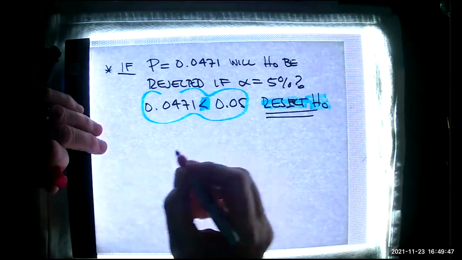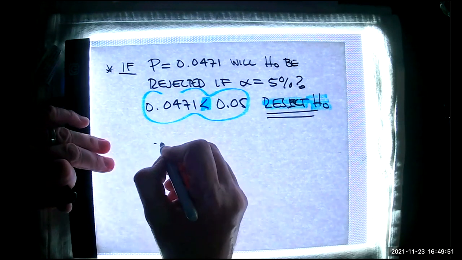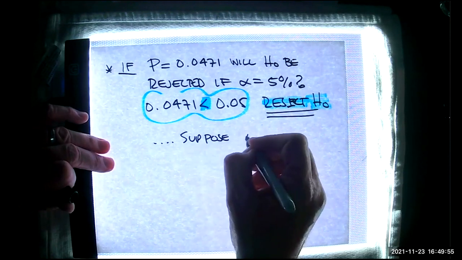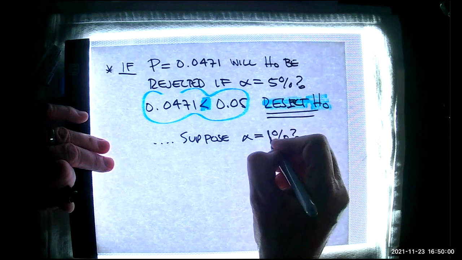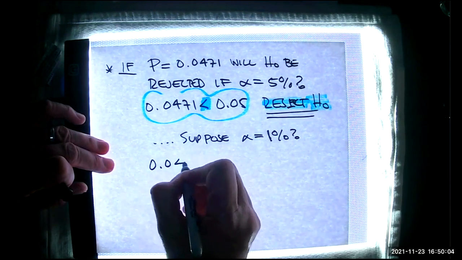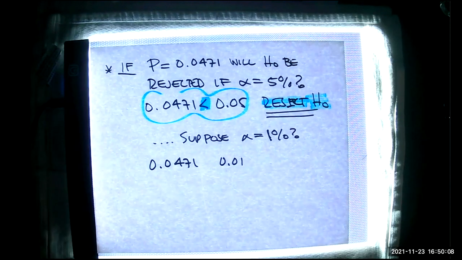Same issue. We're going to change things around, and suppose now alpha is 1%. So now 0.0471 compared to 0.01.